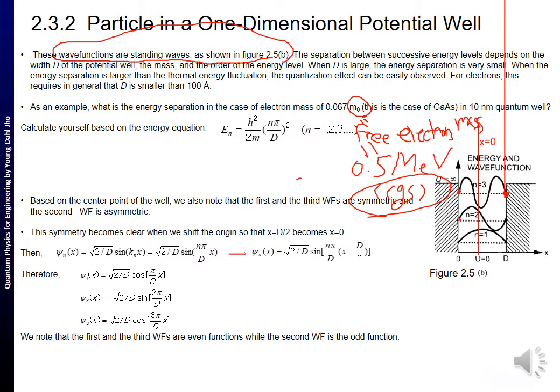And this is the case of gallium arsenide. The mass of an electron in semiconductors, we call it the effective mass. And then let's say a 10 nanometer quantum well. This is conventionally available. Calculate yourself the energy separation. So what could it be?